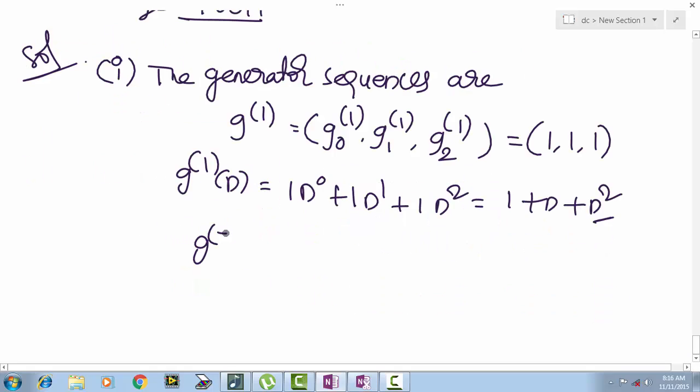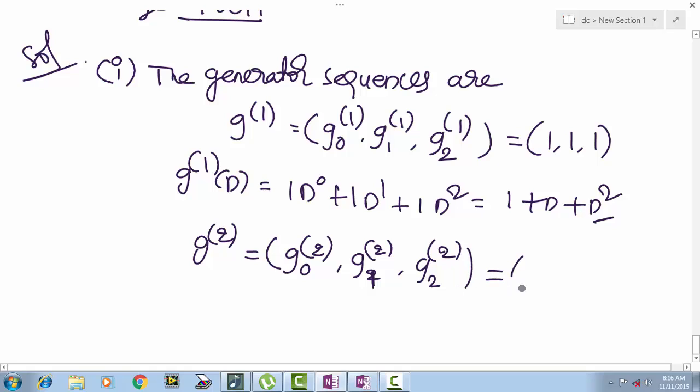And we have g2 is equal to g0 of 2 comma g1 of 2 comma g2 of 2, which is 1 0 1.